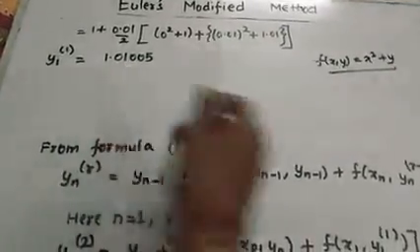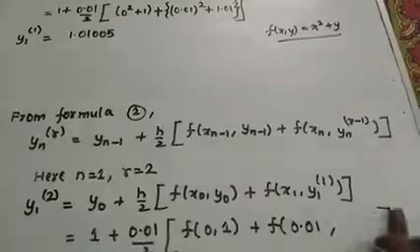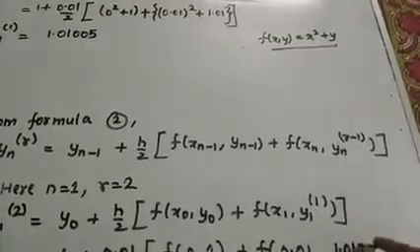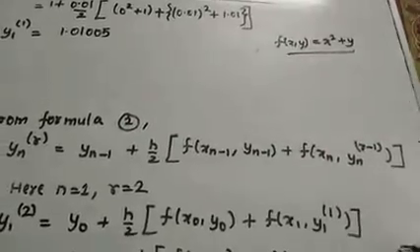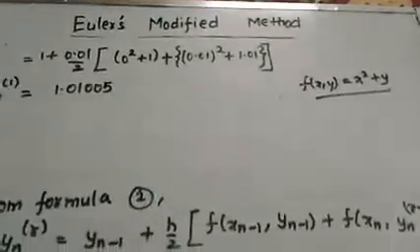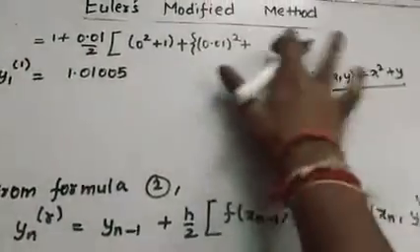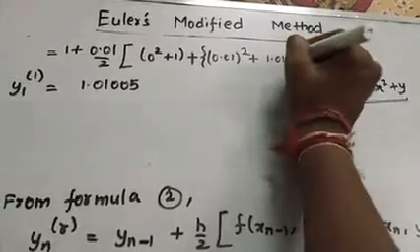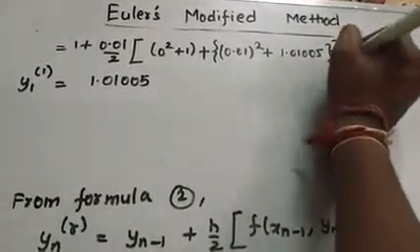We got y1 of 1, so just putting that value 1.01005, and on the basis of that, doing the calculation, it will become 1.01005.